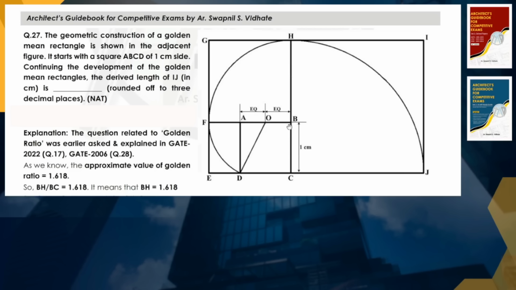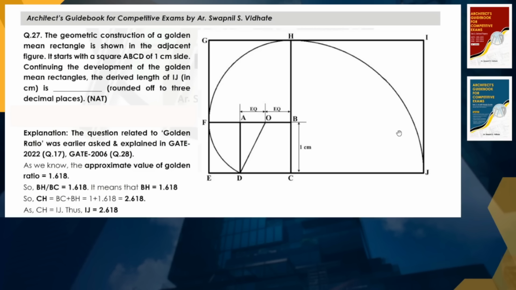Because BC is 1, BH will be 1.618. From the figure, CH will be equal to IJ. CH is BC plus BH, so the value will be 1 plus 1.618, which is 2.618, and because CH is equal to IJ, the value of IJ will be 2.618.